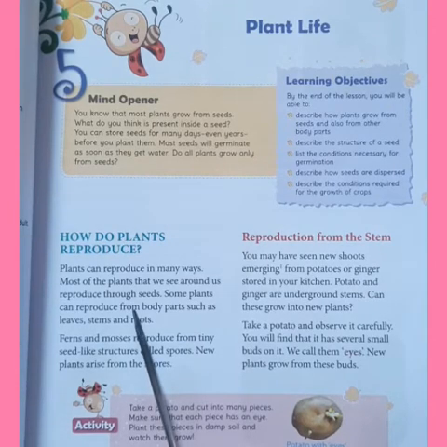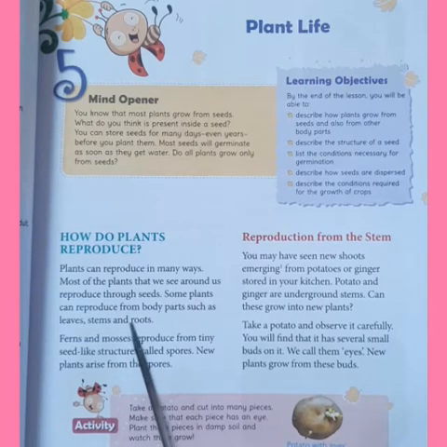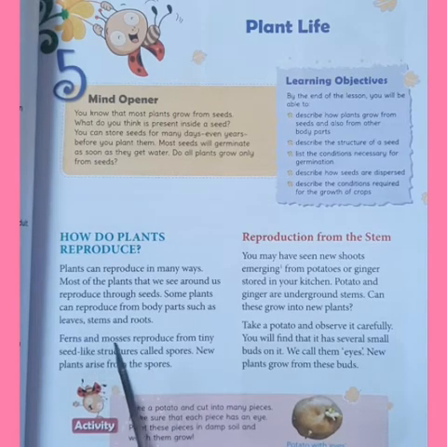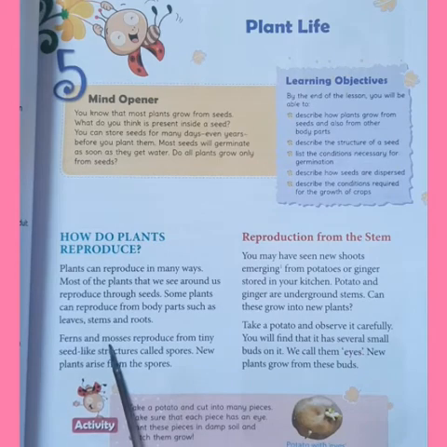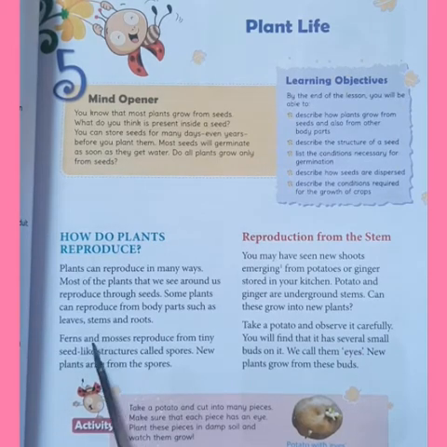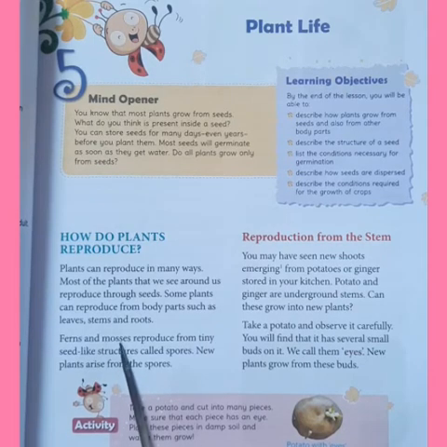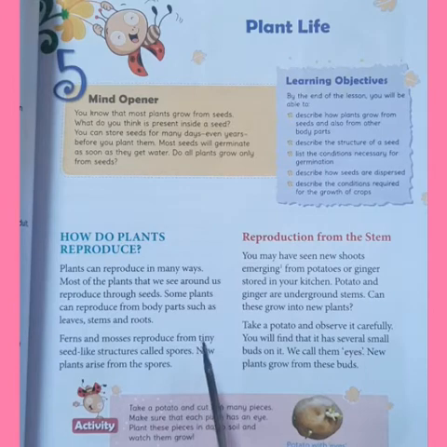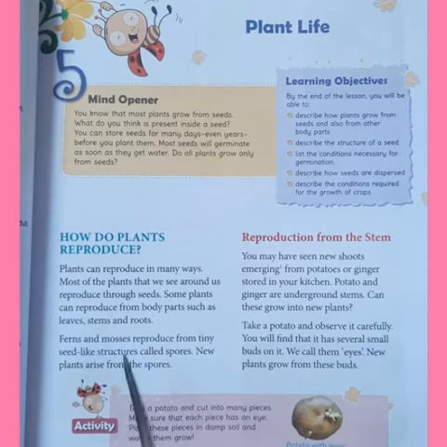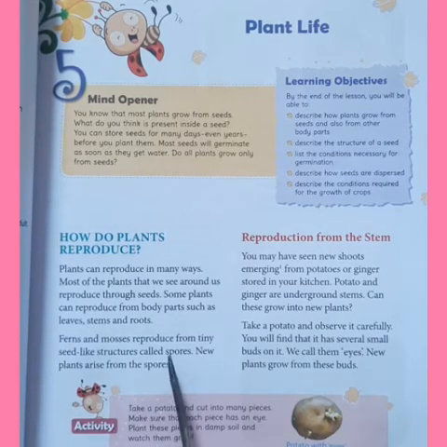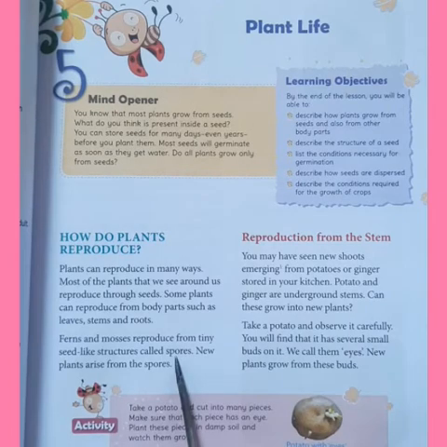Some plants can reproduce from body parts, like leaves, stems and roots. Ferns and mosses are also a type of plant. You may have different types of ferns at home, and mosses are small plants. They produce tiny seed-like structures known as spores. They are seed-like structures, not seeds, or we can say a different type of seed.